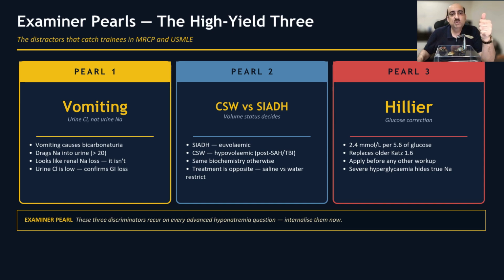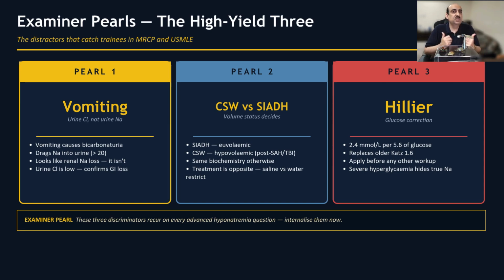Pearl number two, cerebral salt wasting versus SIADH, another of the exam trap questions. So biochemically, both are nearly identical, but the problem is with the volume status. In cerebral salt wasting, the patient will be volume depleted. While SIADH is one of the euvolemic hyponatremic conditions. Classically, cerebral salt wasting is present in patients with intracranial events like subarachnoid hemorrhage or traumatic brain injury.